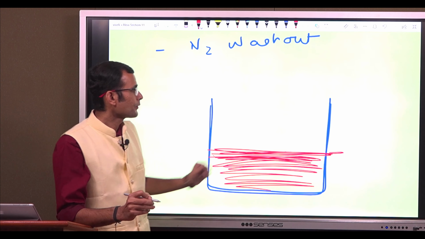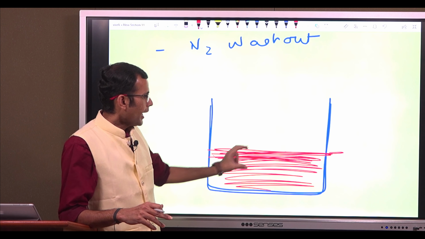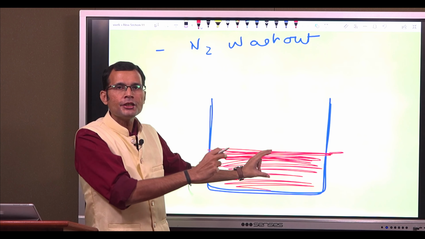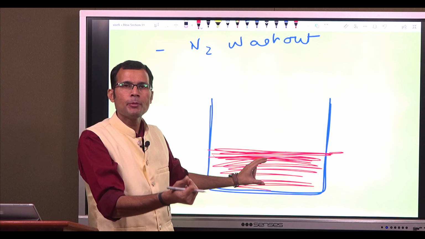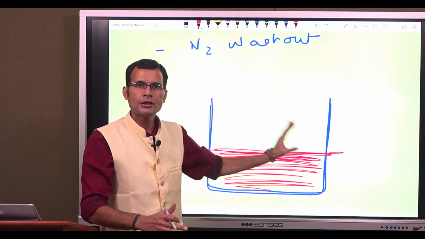Okay, imagine this is a cup, a large cup, and some of its volume is occupied by that wet tea powder, which has got stuck to this end of the cup.